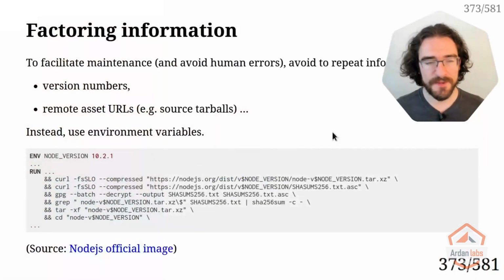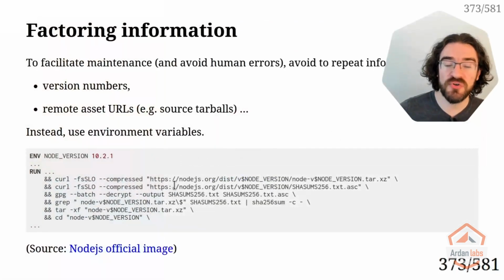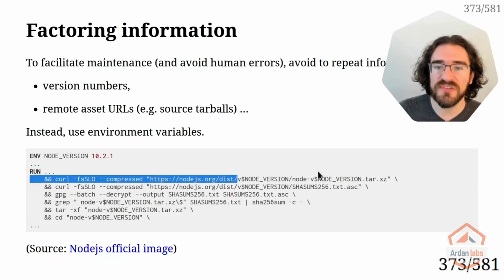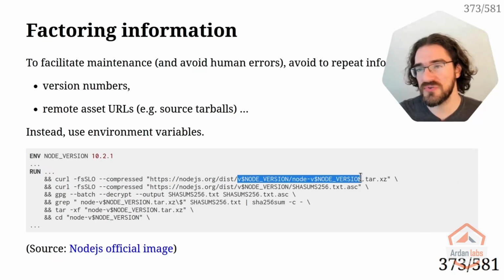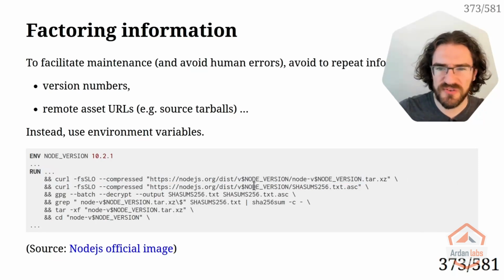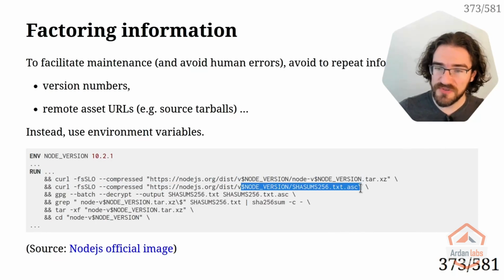This is in the Node.js official image, and you have the Node version showing up multiple times. When you download the tarball, it's there two times in the path, in the URL to the tar file. And then you download the checksum, the signature. Again, you have the Node version.